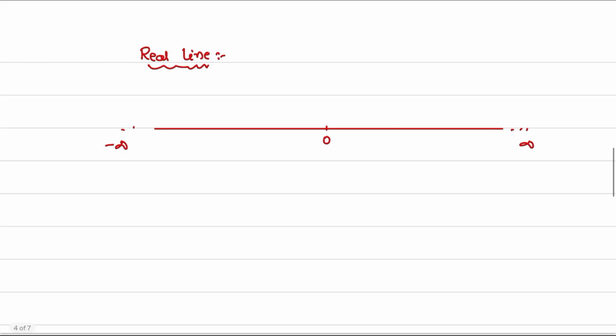This is the real line in which all the numbers are embedded. You just see. For example, this is 1, this is 2, this is 3, this is 4. That means it goes up to infinity. The line starts from 0, positive real numbers go up to positive infinity, and negative real numbers go up to negative infinity.